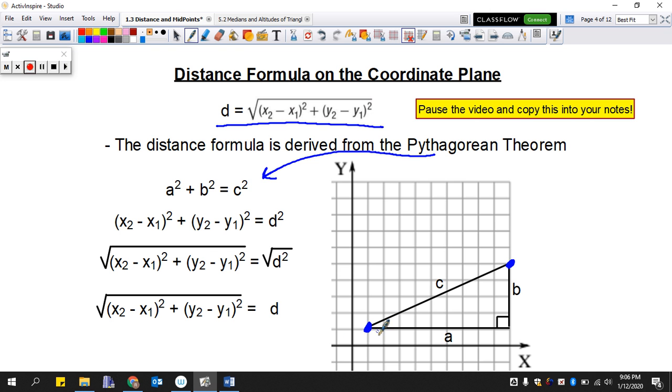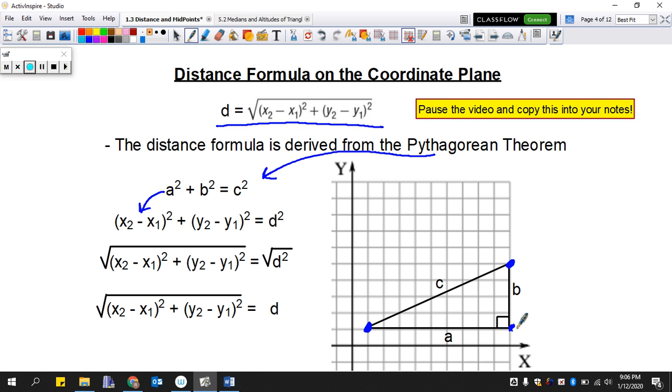And so we're going to say this minus this, but then we're going to square it. Okay, so that's your distance A. When we square, that takes care of if there were any negatives or not. Okay, so obviously distance cannot be negative. All right, so B is our vertical side. Okay, once again, that's our y values.